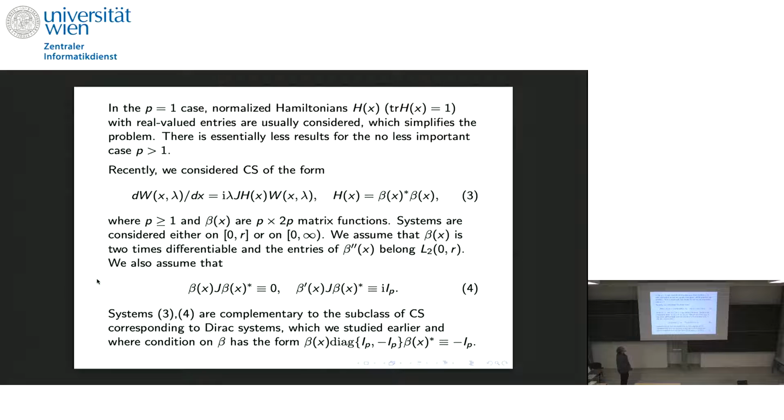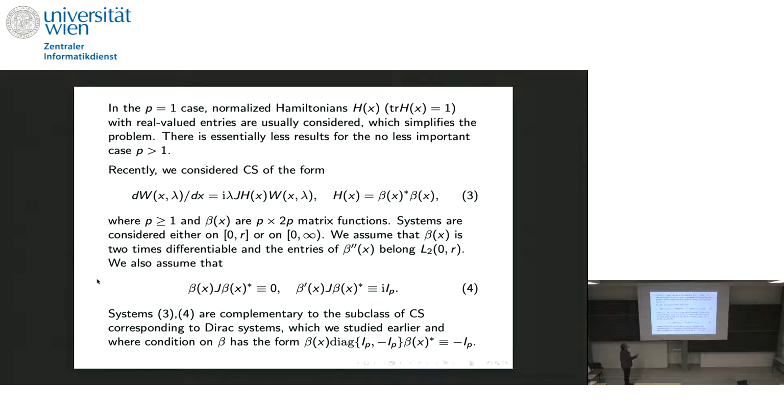And it essentially simplifies the matter because it comes down to one complex valued matrix function, so to say. There are essentially fewer results, although there are results definitely, for the no less important case p more than 1.